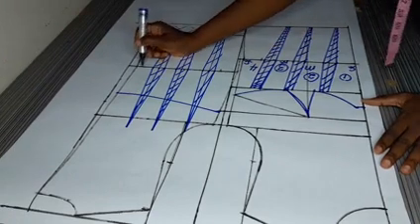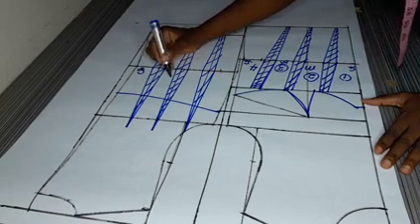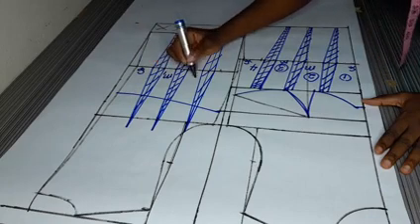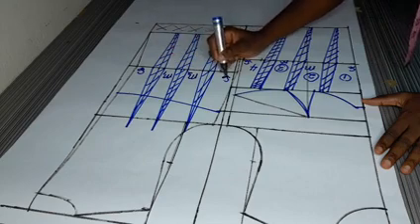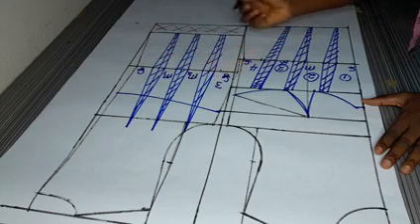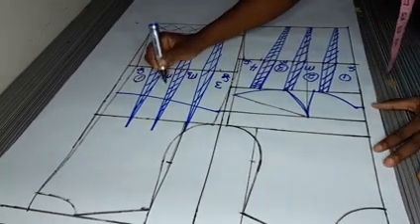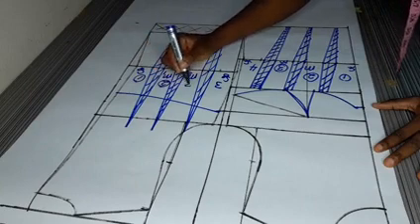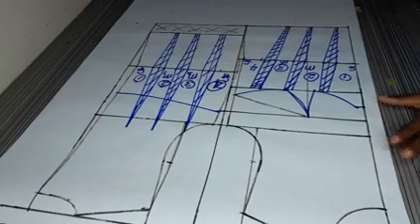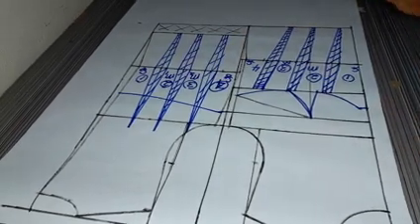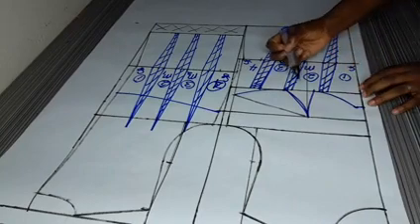So this is my center back, this middle 1, middle 2, this side back 3, this 1, this 2, this 3. Okay, now this 4. Okay, so this is how I'm going to cut it out. This is just how I'll cut it out now. This is my underbust. They will now join it together.